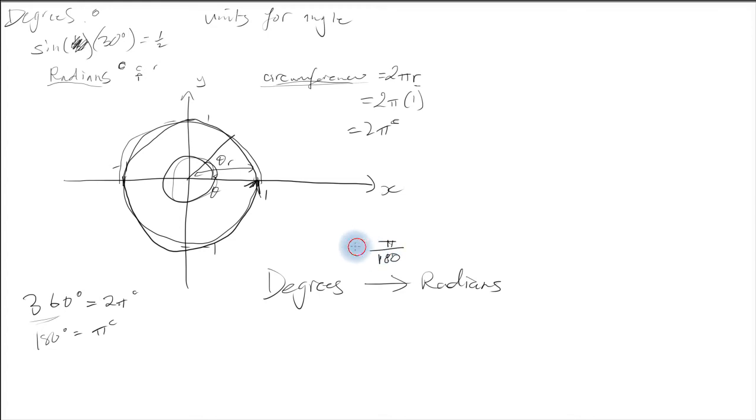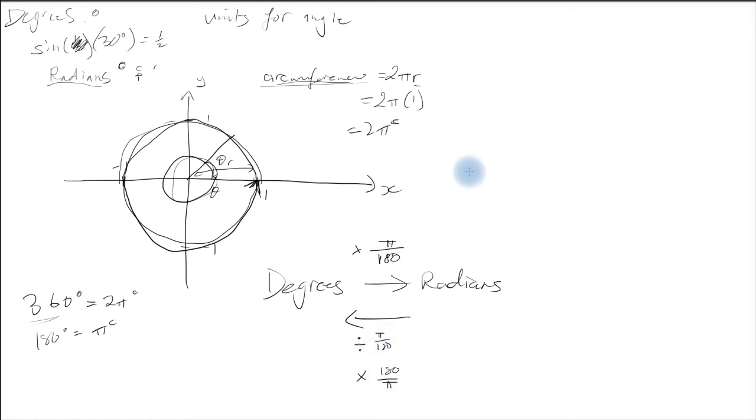So to get from degrees to radians we multiply by pi on 180, and to go the other way, you divide by pi on 180, in other words do the opposite, and that's the same as multiplying by 180 on pi.